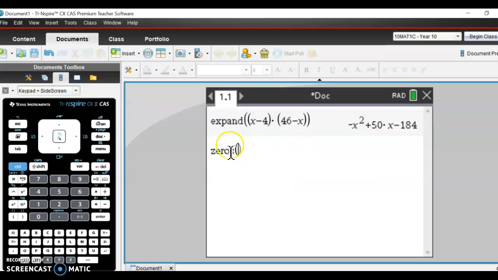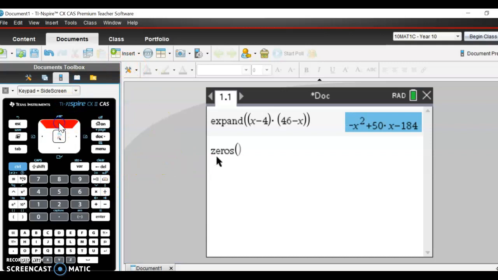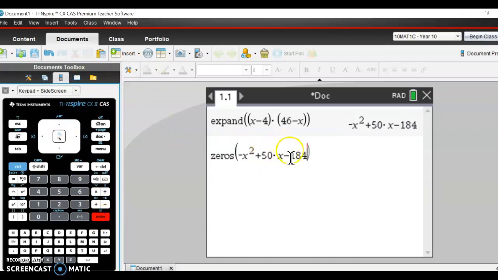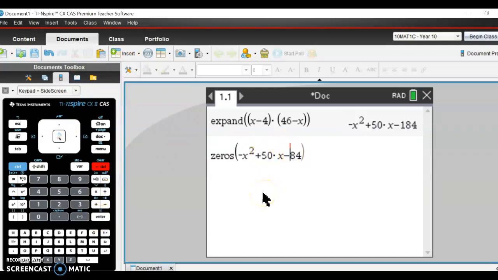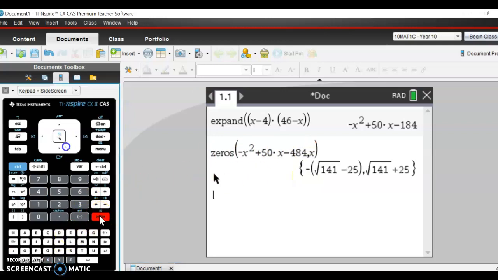So again, this will find out what values of x make it equal to 0. So be careful. It isn't that one because remember we took the 300 across, so make sure you've got 484. Don't forget you need to tell it for what variable. It's the only variable I've got there, but anyway.